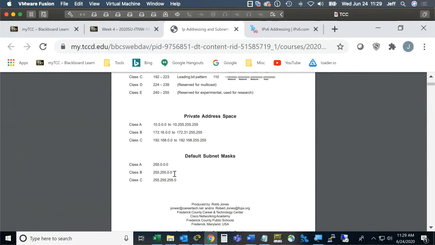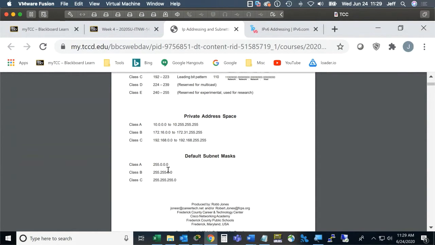And so when we subnet, we can borrow bits from the host ID. In a Class A, we have 24 bits that we could borrow, but we can't borrow all of them because we have to leave some bits for hosts, right? It's not good to have a network that only has a network ID and no computers.